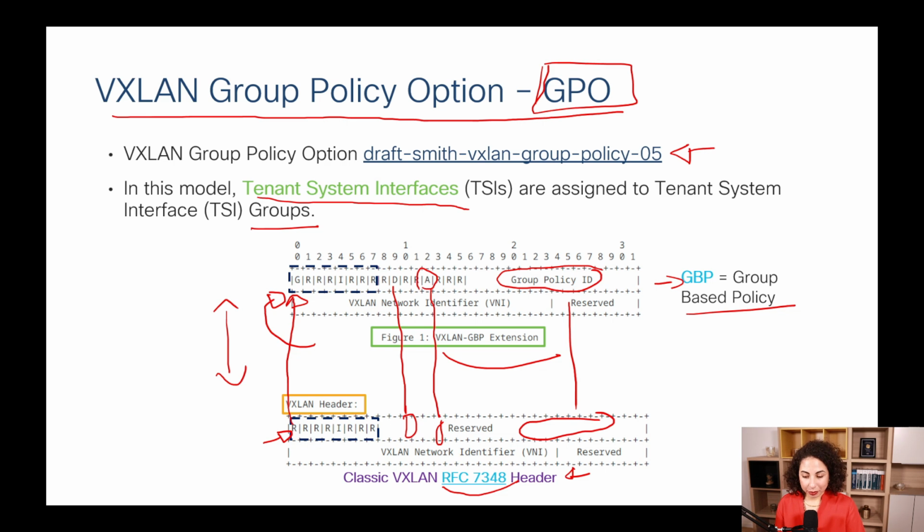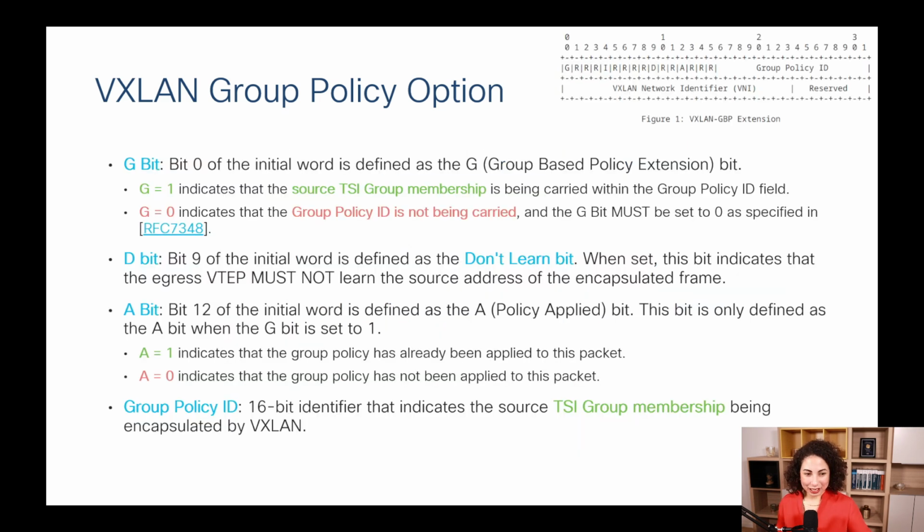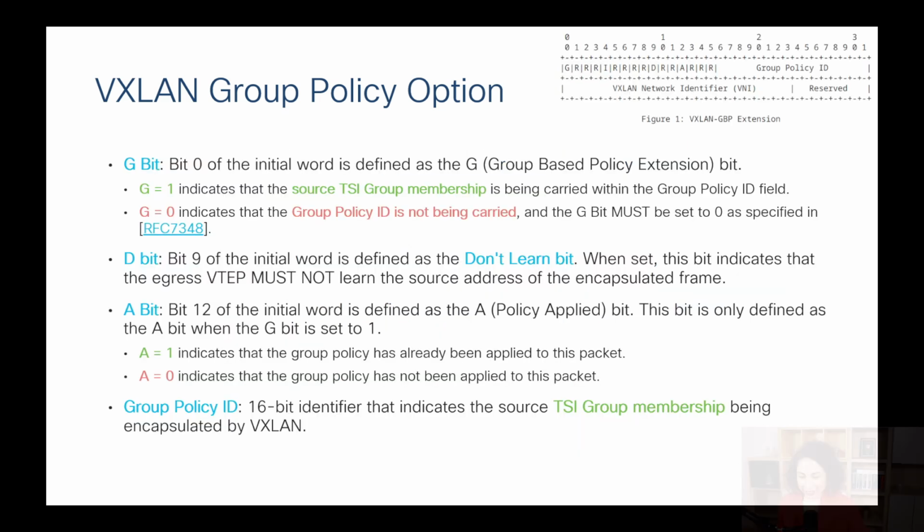So let's check them out in more detail, and I will be spending quite some time on this slide because it is very important. The first bit is actually the most important, the G bit. So let's check out what it means. For the G bit, bit 0 of the initial word is defined as the G, or group-based policy extension bit.